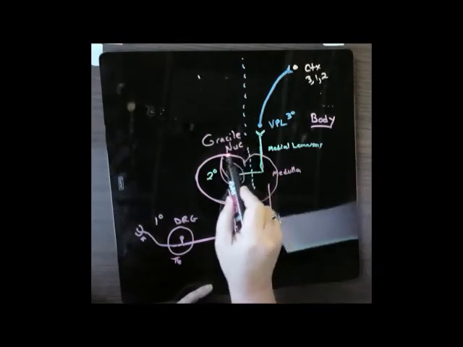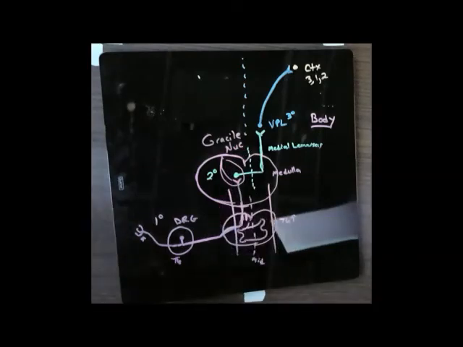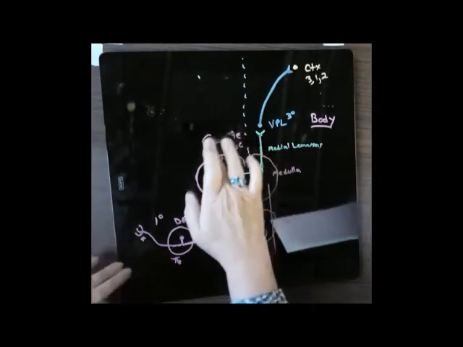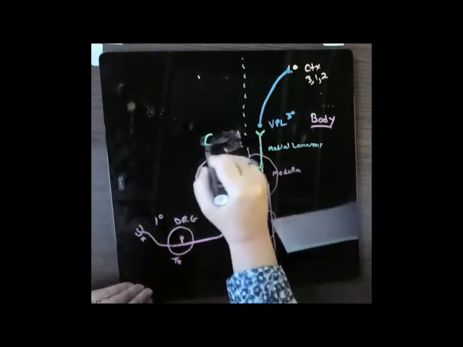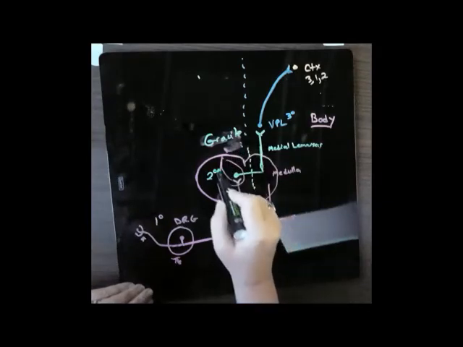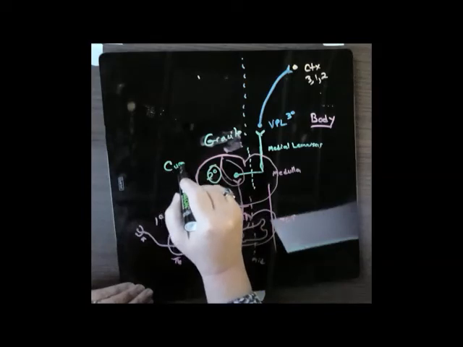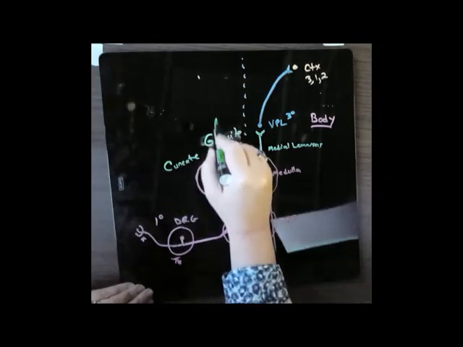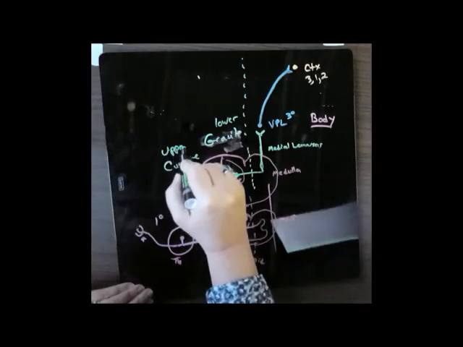It's a nucleus, so it's a collection of cell bodies within the CNS. These are the second order cell bodies. That's the gracile, and just lateral to that is the cuneate. So this is lower, and this is upper body representation.